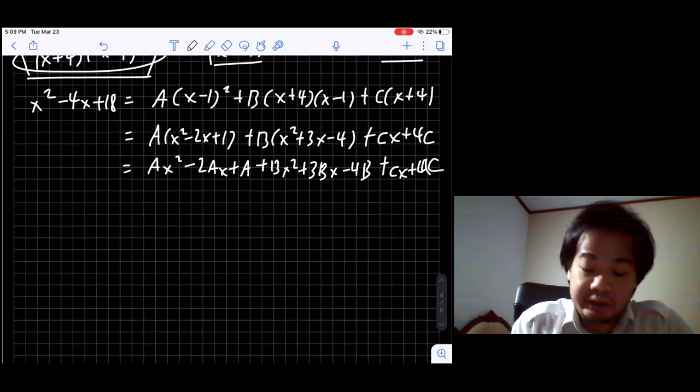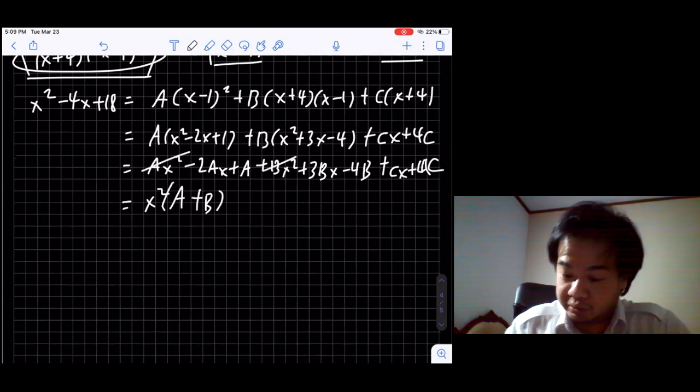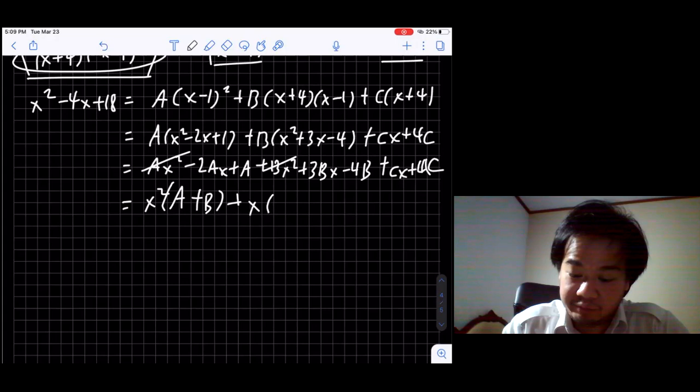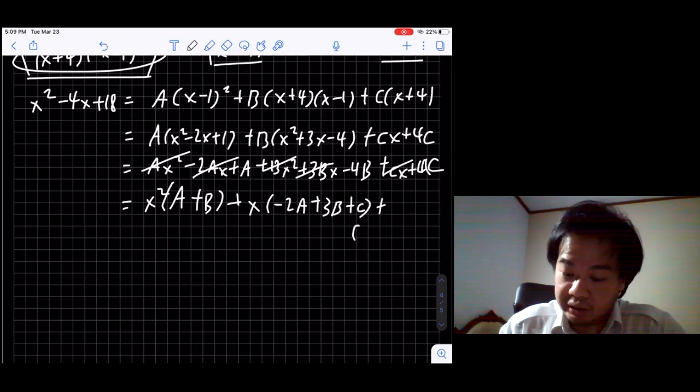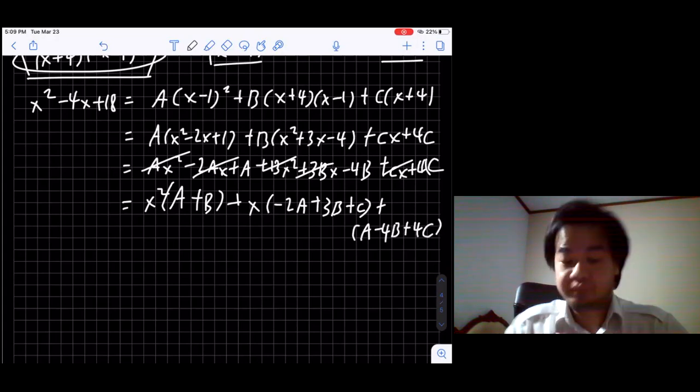And then collecting the x squared terms, I have a plus b. For the x terms, I have minus 2a plus 3b plus c, and then the constant I have a minus 4b plus 4c.